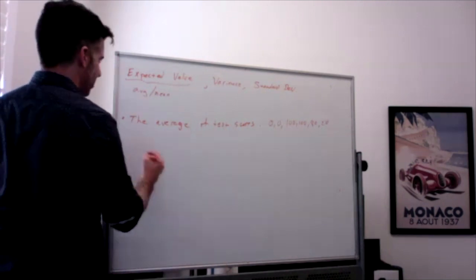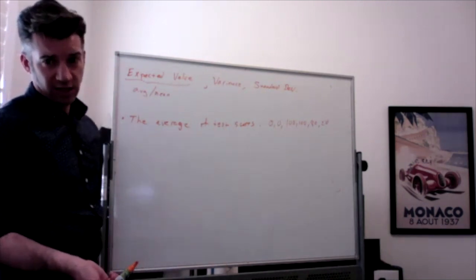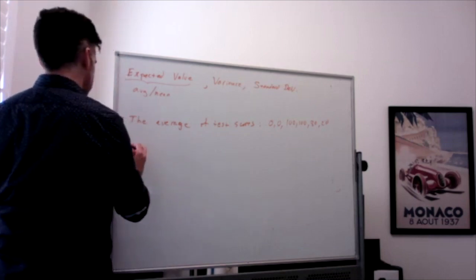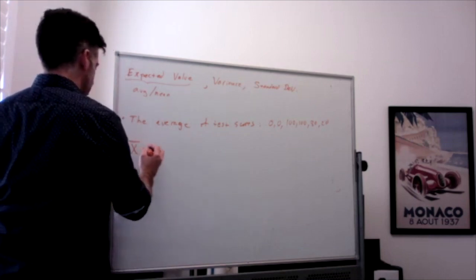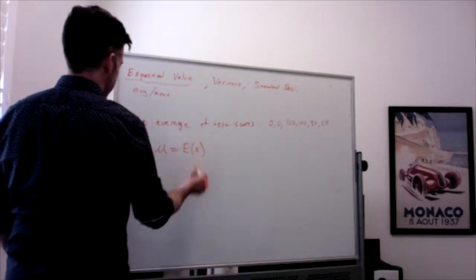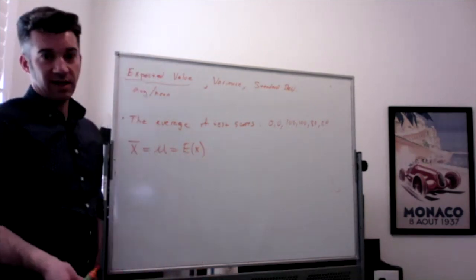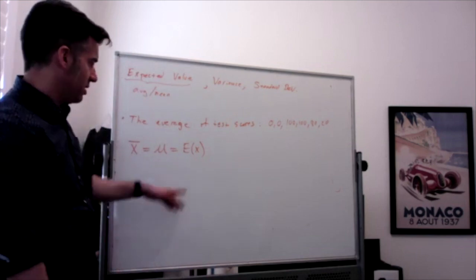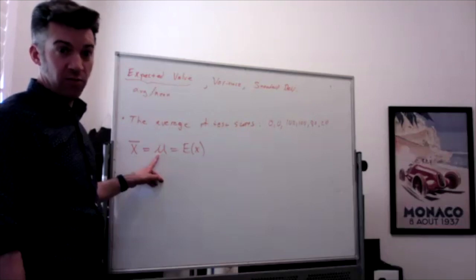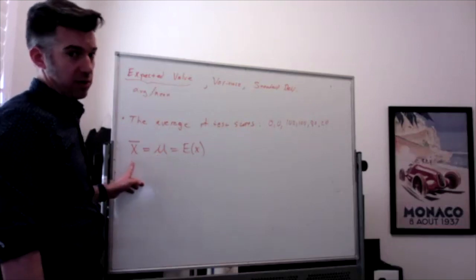So the average, and there are so many different notations for the average or the expected value. So the expected value, the average, the mean. If I had to give names to each of these notations, this is definitely the expected value. This is the notation for the mean. It's the Greek letter mu, and this is x bar, which is usually used for the average.